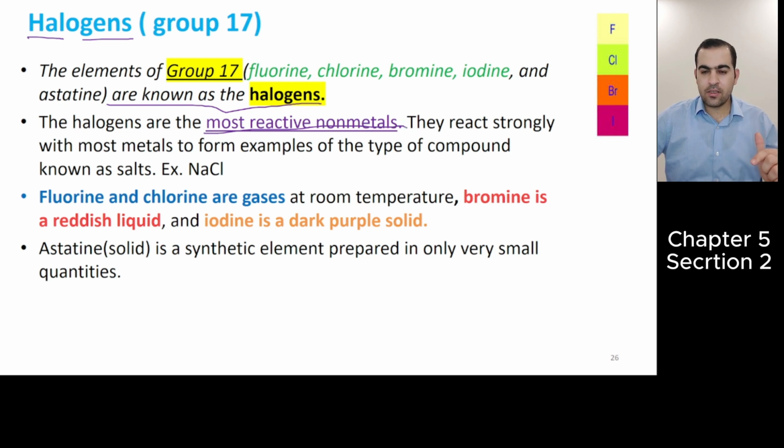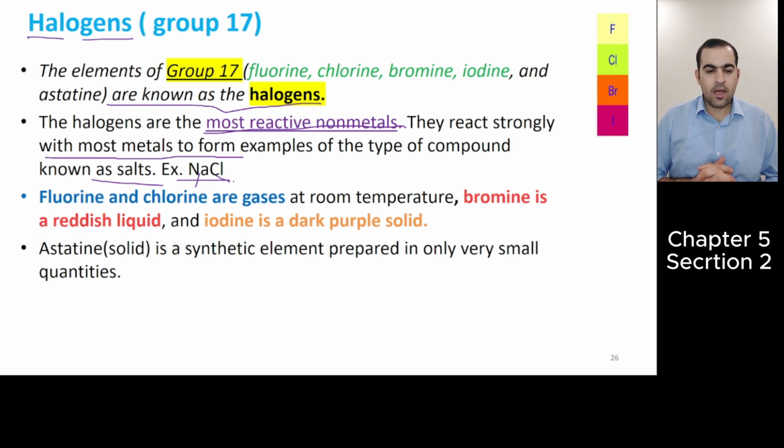They strongly react with most metals to form a type of compound known as salts. That's why we call them halogens, as we said. Like NaCl, Na is a metal of group 1, chlorine is a nonmetal of group 17, halogen. Halogen forms salt.